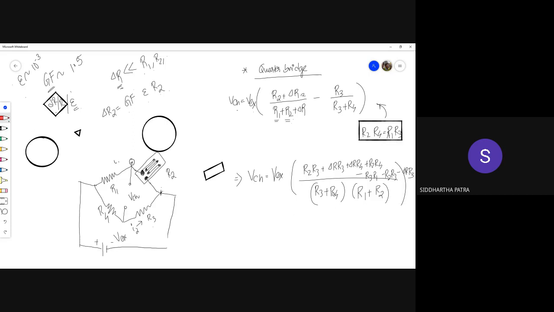Now I can cancel delta R R3 with delta R R3 over here. I can cancel R2 R3 with R2 R3 right here. But I can also cancel R1 R3 with R2 R4 right here.